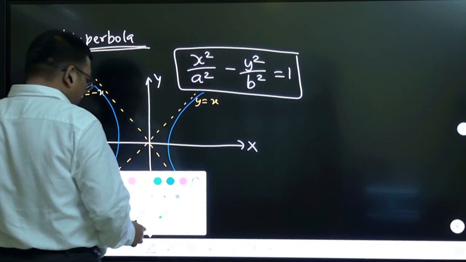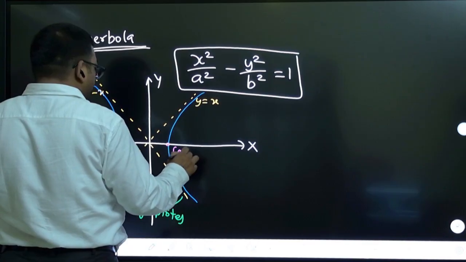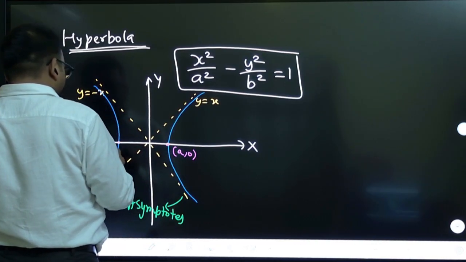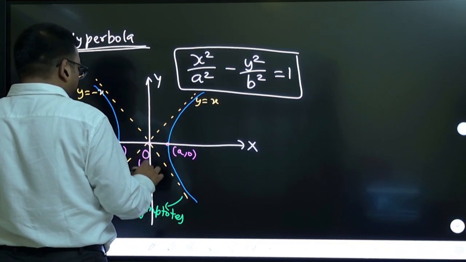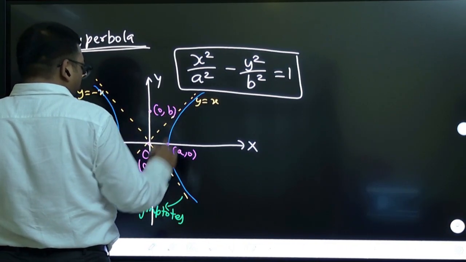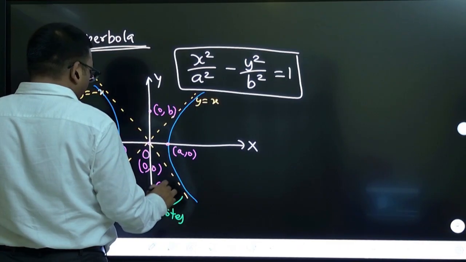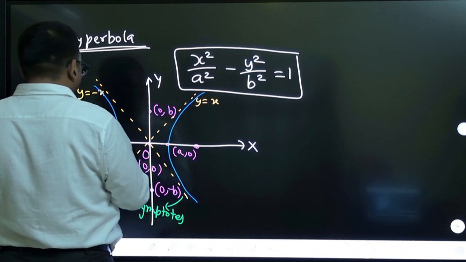And here, what are a and b if you ask? This point is a comma 0. This point is minus a comma 0. This is of course the center. And there is a point here also, 0 comma b, and here also a point 0 comma minus b. Here the focus goes this side or this side.